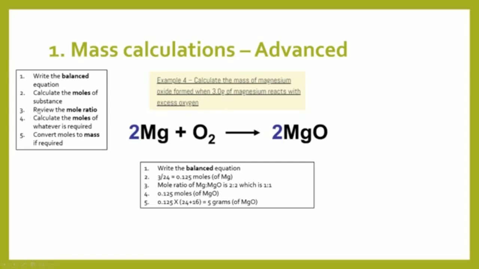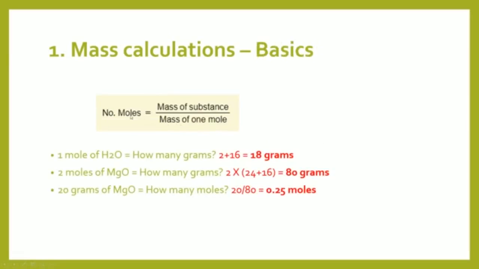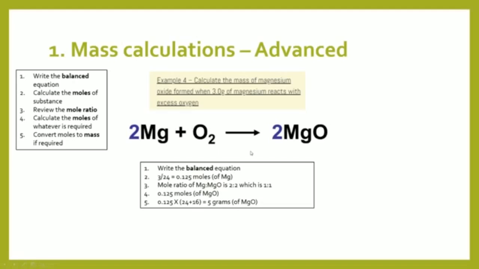Step 3 is to review what the mole ratio is, because they're asking for magnesium oxide. So you take a look at the mole ratio between magnesium and magnesium oxide to calculate how many moles of magnesium oxide was formed from the reaction. Once you know how many moles of magnesium oxide was formed, then you simply use the equation that we talked about before, this equation here, to figure out what the final mass of the magnesium oxide was. So let's go through those steps one by one.